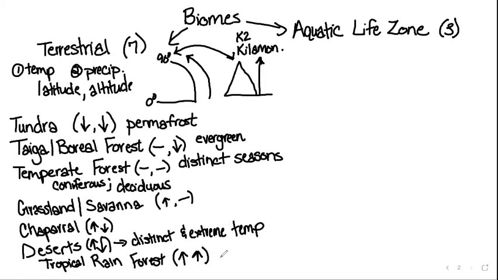Because of that, they're going to have some of the highest net primary productivity. So let me make sure that I give you a little key here. This means high, this means low, this means moderate.